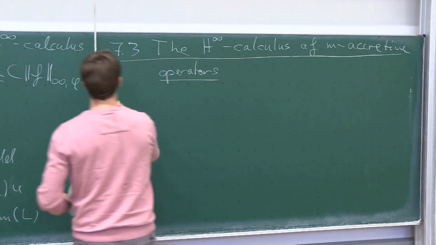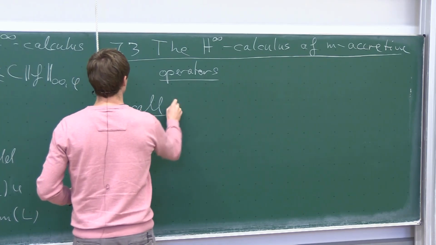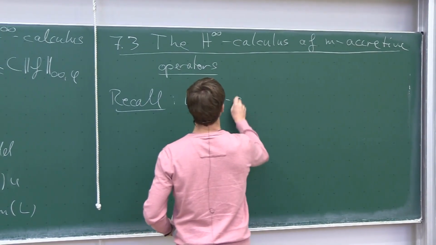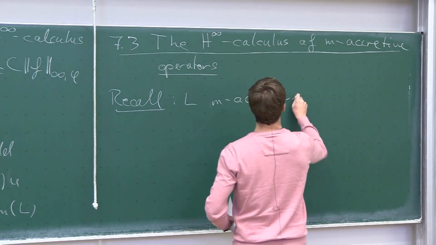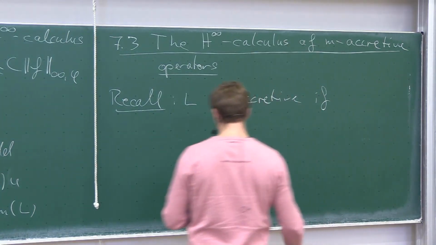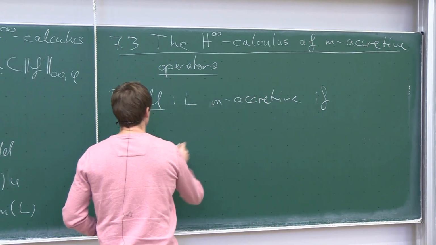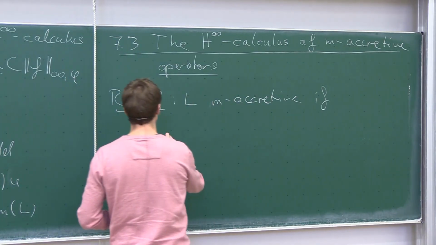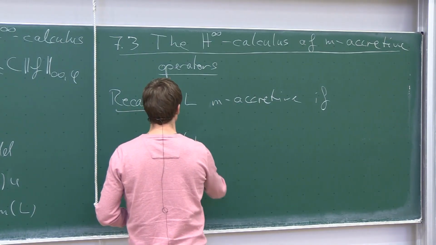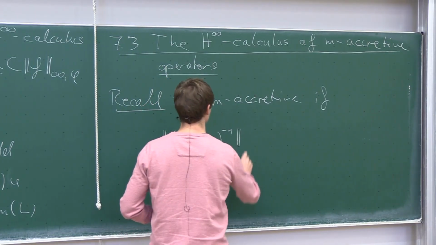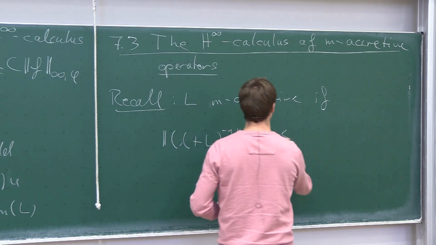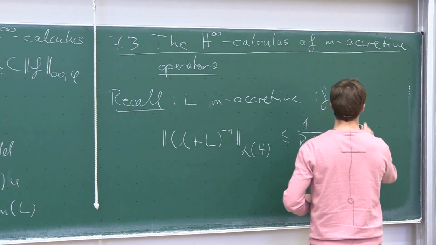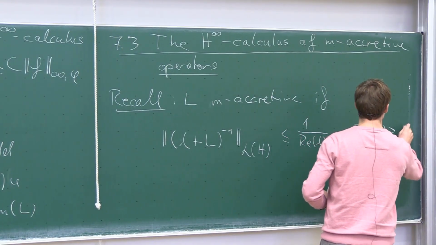Just as a short reminder, recall that we said that an operator L is m-accretive if the left complex half plane is contained in the resolvent set of the operator, and if we then can bound the operator norm of lambda plus L inverse by 1 over the real part of lambda for all complex numbers lambda which have a positive real part.